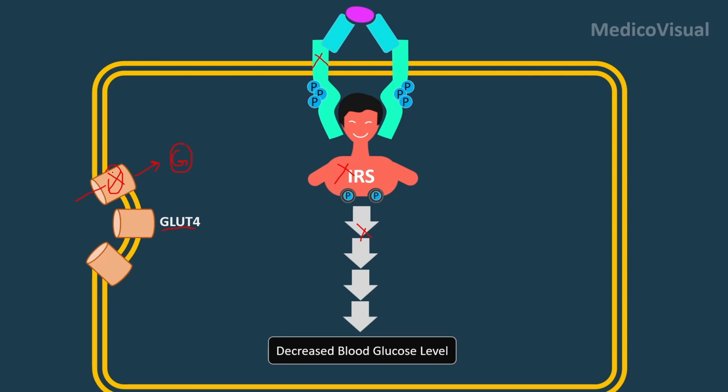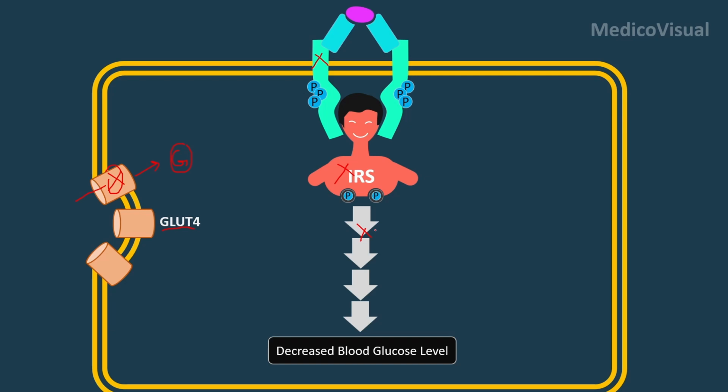Now, if I talk about type 2 diabetes mellitus, usually it is not purely a genetic disease. Of course, at the genetic level, there is some genetic variability or polymorphism such that these receptors or post-receptor components may not be as efficient as in the general population, but that solely cannot usually lead to diabetes mellitus.